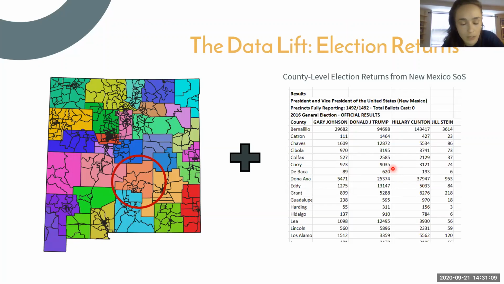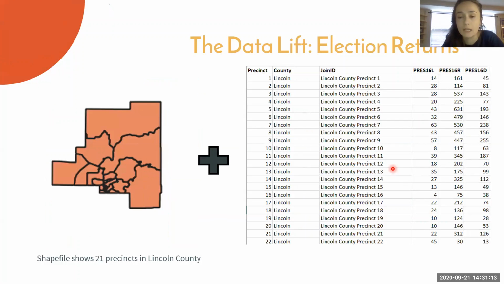So let's zoom in on one county. This is Lincoln County. And the Secretary of State's website also has precinct returns, or returns by precinct. So one of the issues we saw, which is very common, is that in the New Mexico shapefile, which again is from University of New Mexico, there's 21 precincts.